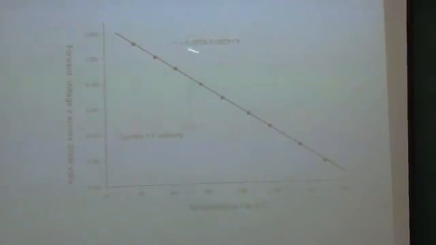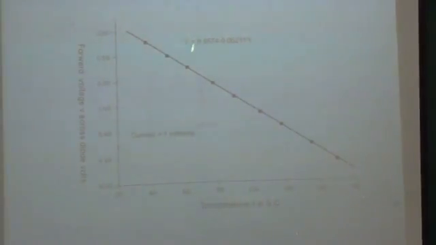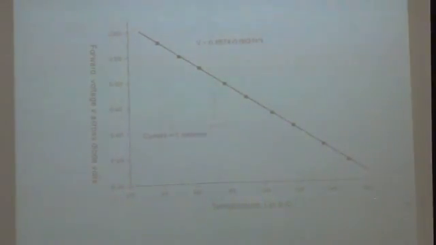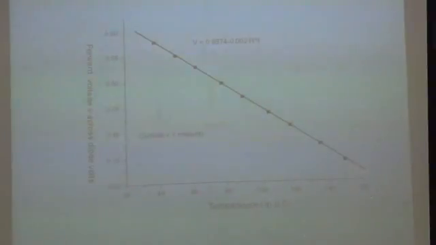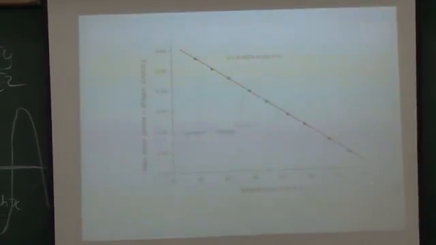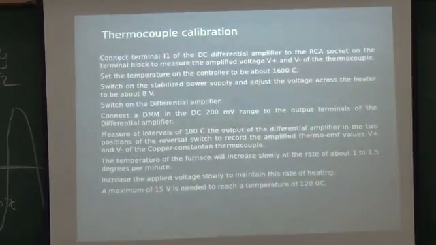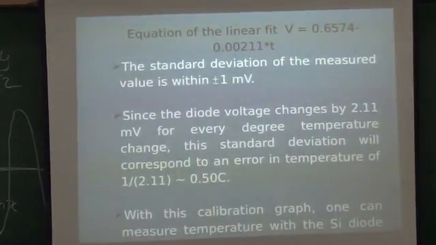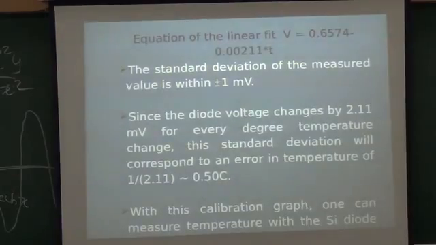From here, we have to calculate the value of the standard deviation. If you are working in Origin, you can find the standard deviation directly. Otherwise, you can calculate the value. This is the equation of the fit.